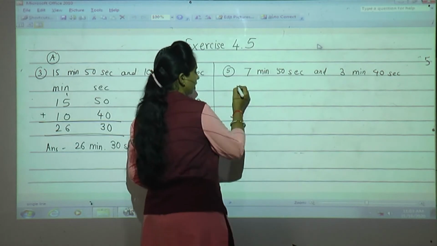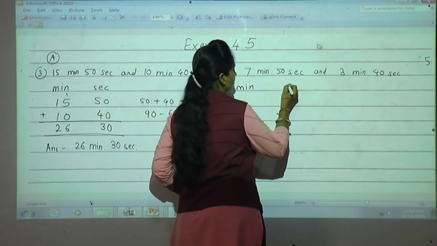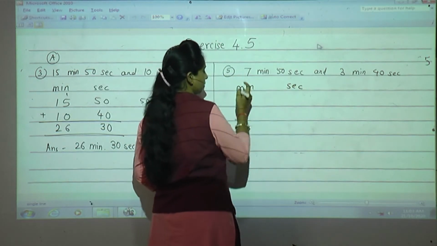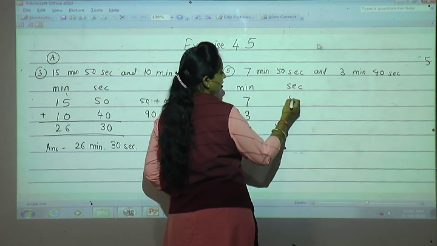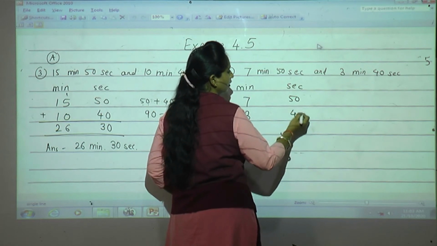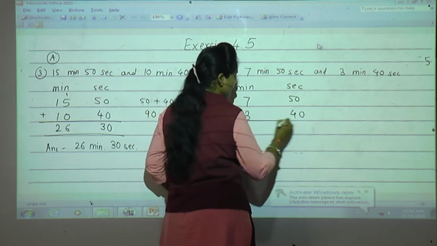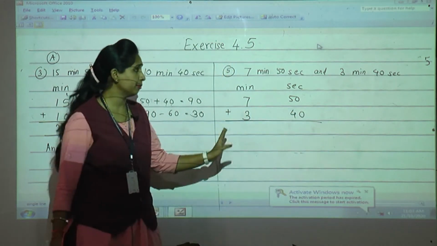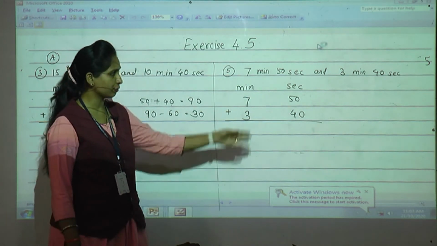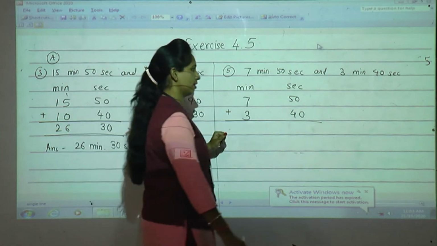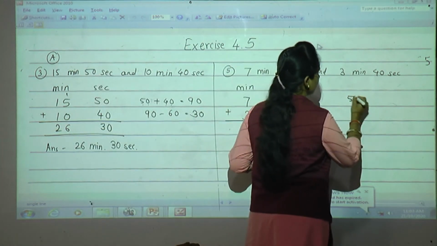Arrange minutes in the minutes column and seconds in the seconds column: minutes 7 and 3, and seconds 50 and 40. Then add. First, what do we have to add, minutes or seconds? Of course we have to add seconds. So do the rough work here.